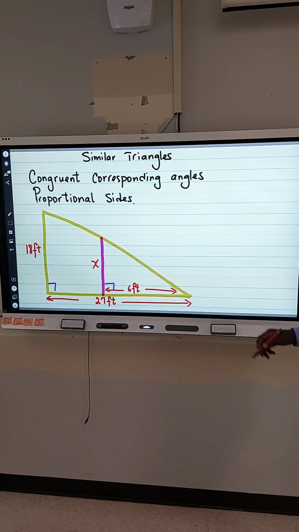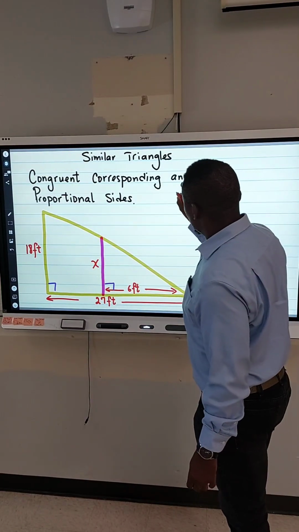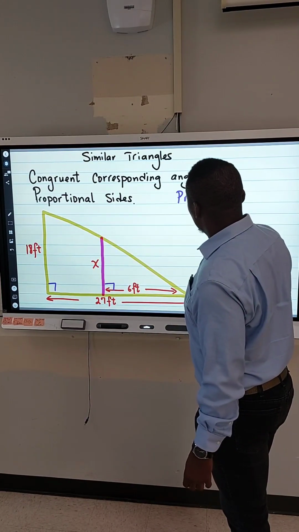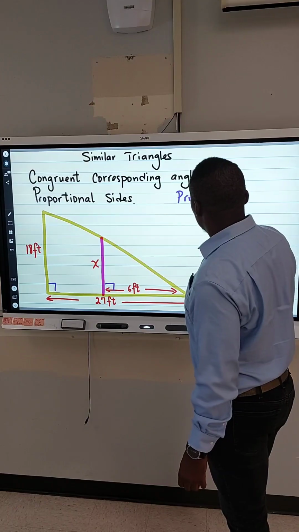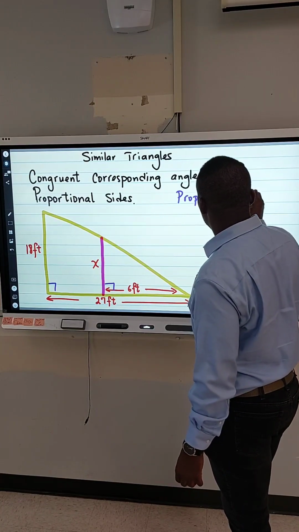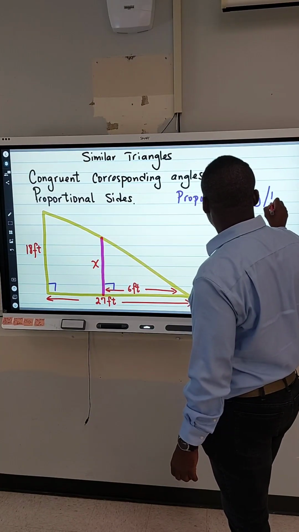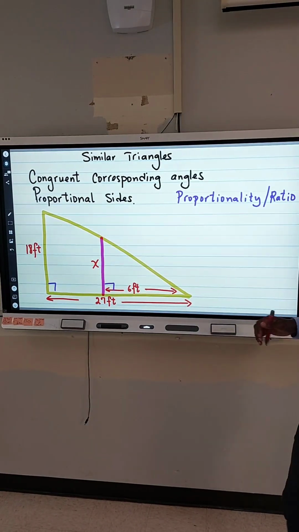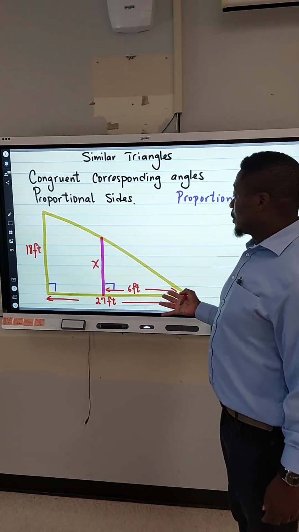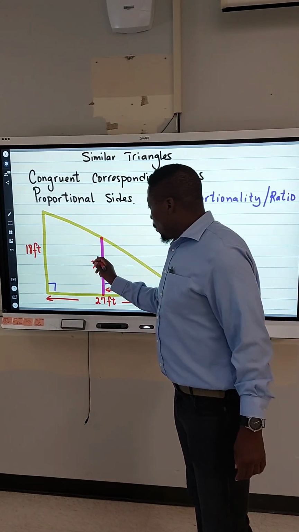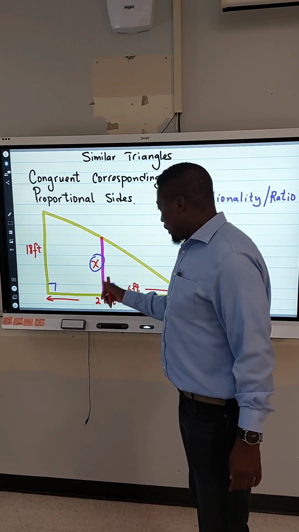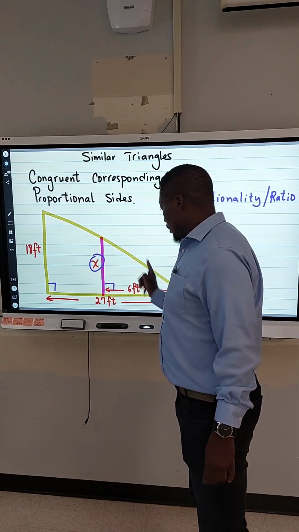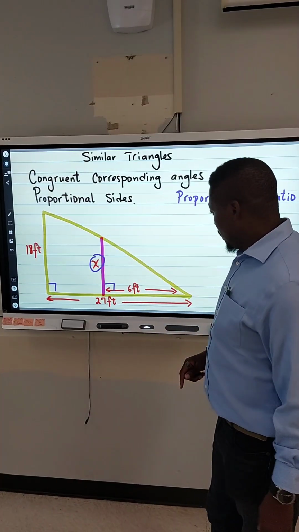Now let's use the proportionality rule for similar triangles, or the ratio of the sides. Clearly we can see that we do not know the height of this smaller triangle here, but we know the base.